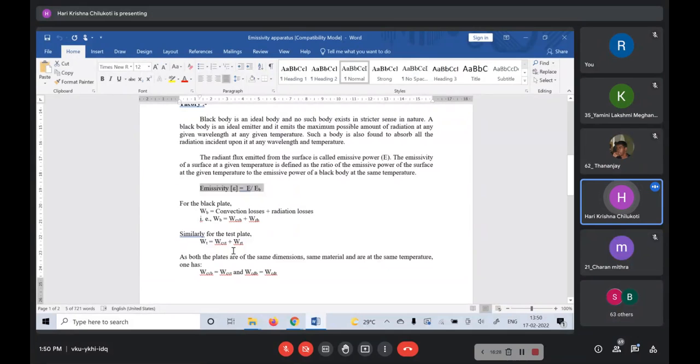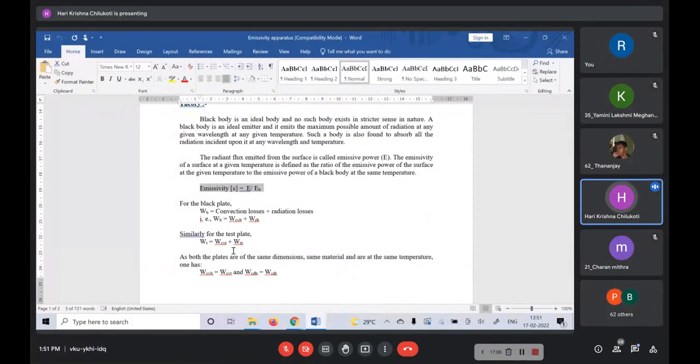If we assume that the test plate and the reference plate both have the same dimensions and are made up of the same material, and both surfaces are at the same temperature and they are also positioned in the same orientation, then we can assume that the heat transfer by convection from the test plate is equal to the heat transfer by convection from the reference plate to the surrounding fluid. Here the fluid is air.